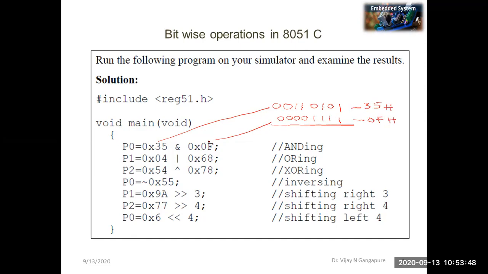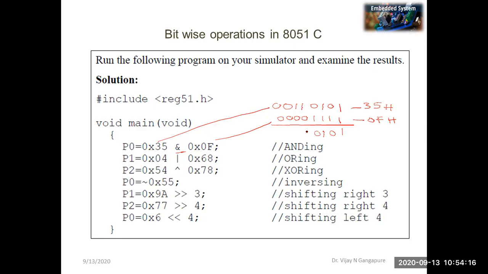Now between these two bytes, how does the bitwise ANDing operation happen? This is the D0 bit from 35H and the D0 bit from 0FH. There will be a bitwise AND operation between these two bits. It produces 1. Between the next two bits, 0 and 1, it produces 0. Here 1 and 1 produces 1. Here 0 and 1 produces 0.